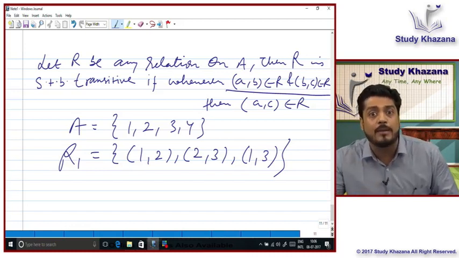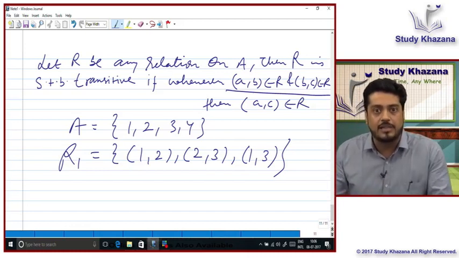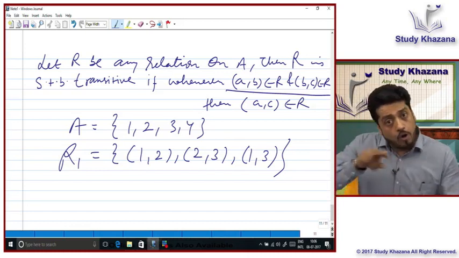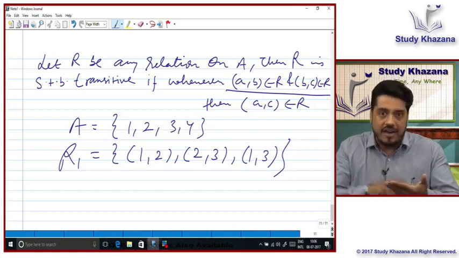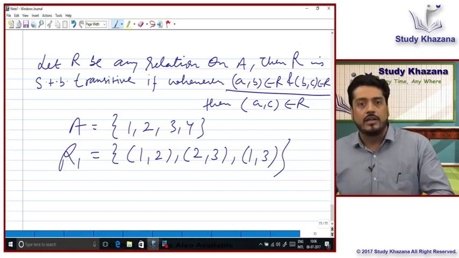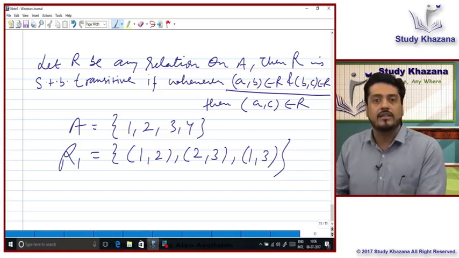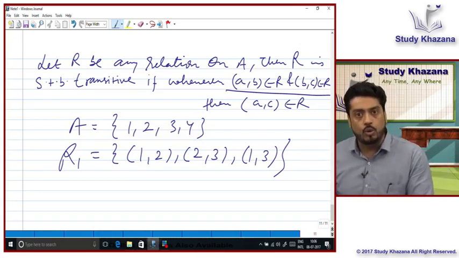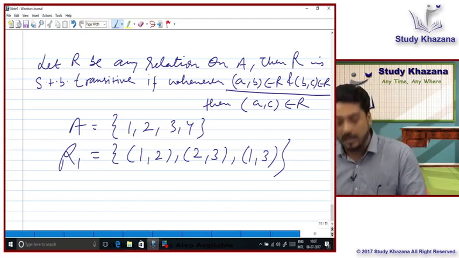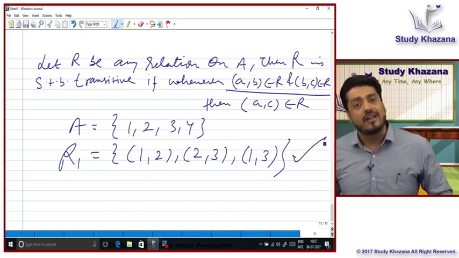B is a common link between 1 and 3. You can observe that in this example, this 2 is a common link between 1 and 3. Why? 1 related to 2, 2 related to 3. So what is my requirement as conclusion? 1 must be related to 3, and it is available in the set. You see that 1 related to 2, 2 related to 3, then 1 related to 3 is available. So I will declare this relation to be a transitive relation.